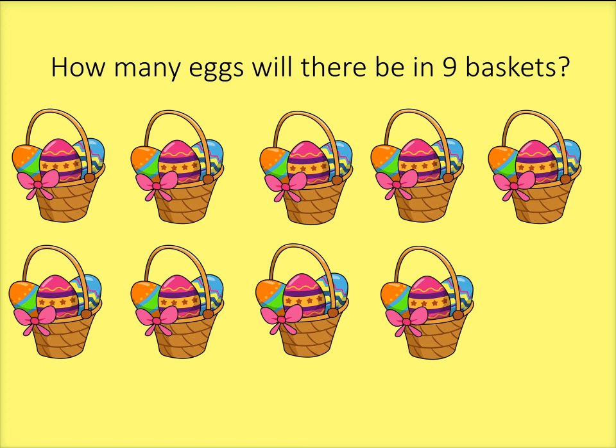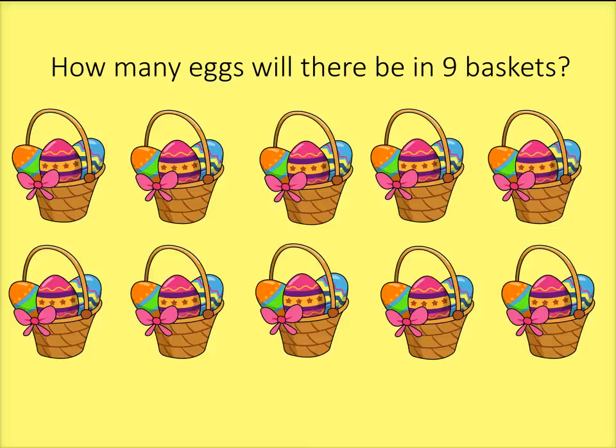So let's pretend now that there is an extra basket. How many baskets are there now? There's 10. Again, we can count up in 3's or 10's, or you may already know from looking at your 10 or 3 times tables that 10 times 3 is 30.